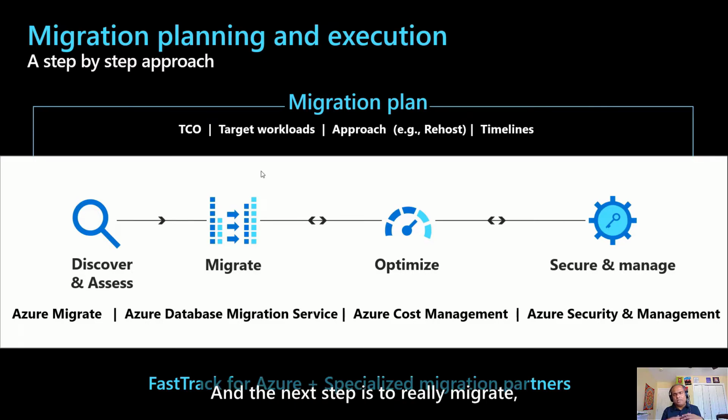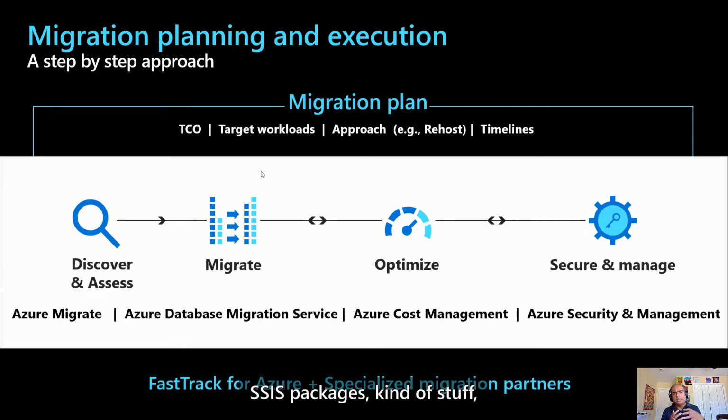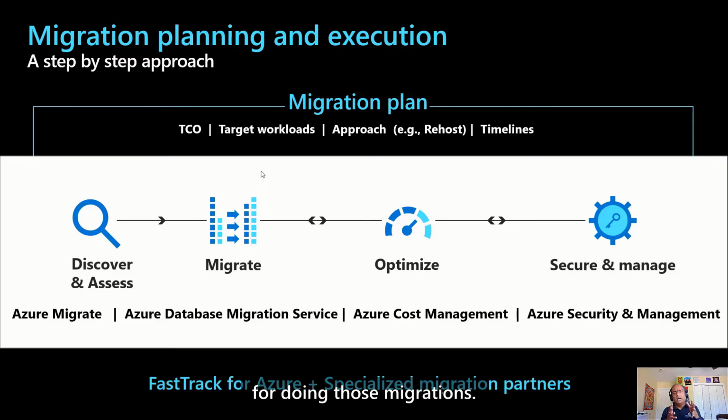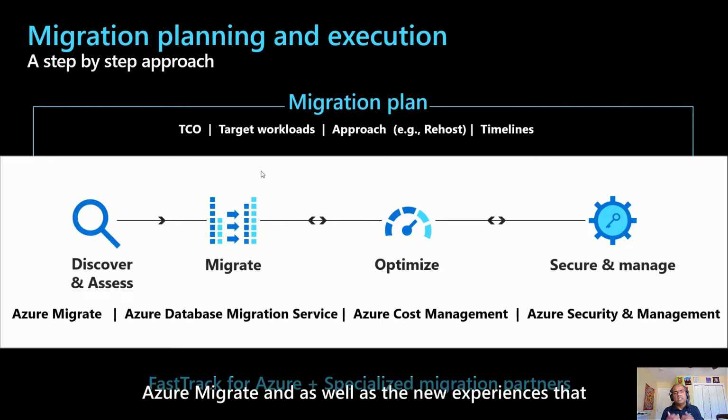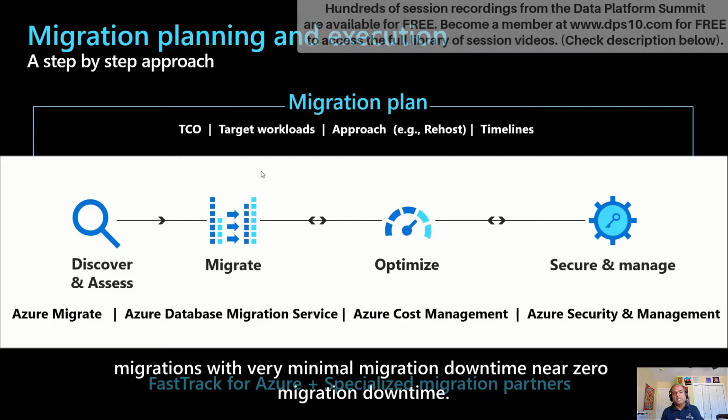The next step is to migrate, and that involves migrating your schemas, your databases, and any other artifacts like SQL agent jobs and SSIS packages. You can use our Azure Migration service for those migrations. We are going to deep dive into both Azure Migrate and the new experiences that we built to help you do database migrations with minimal downtime, near zero migration downtime.